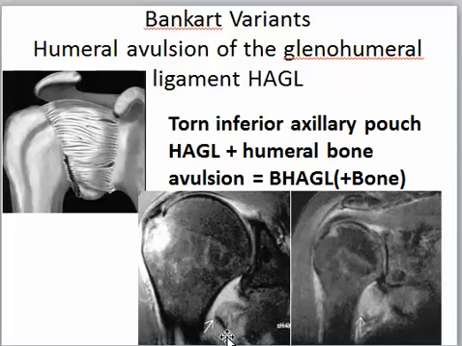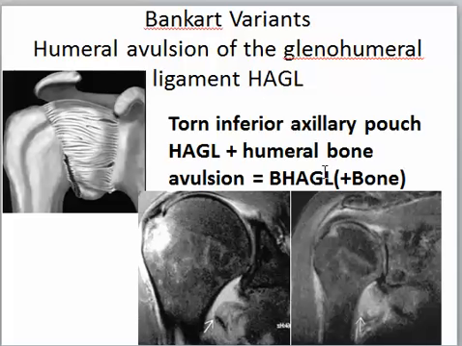Usually the capsule will be big like that, edematous, as you see, and this is the greater tuberosity, which may be contused, seen showing hyperintensity. If part of the humeral bone is involved, it's called bony HAGL. So we have HAGL and we have bony HAGL.